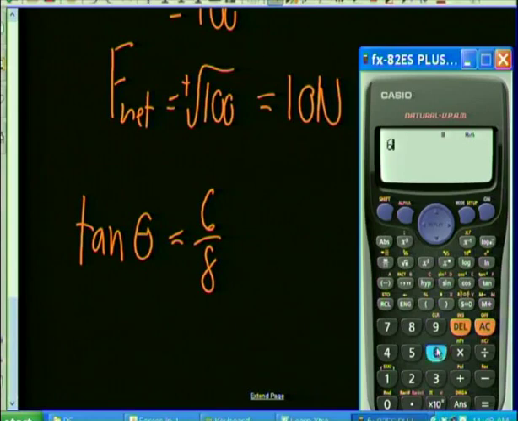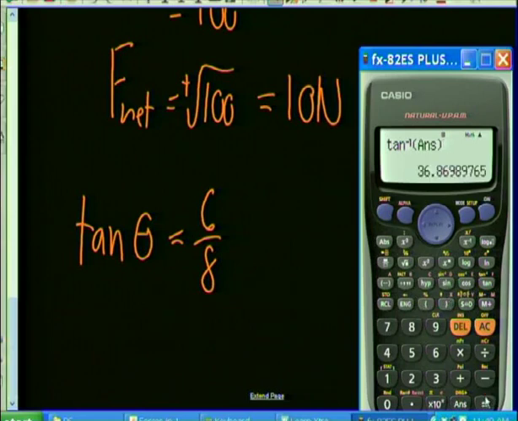We're going to say 6 divided by 8 gives me an answer of 3/4. I want that in decimals, and I'm now going to use my tan function. I want the second function. I'm going to go shift, tan, and I'm going to take the answer from the previous part of the problem.